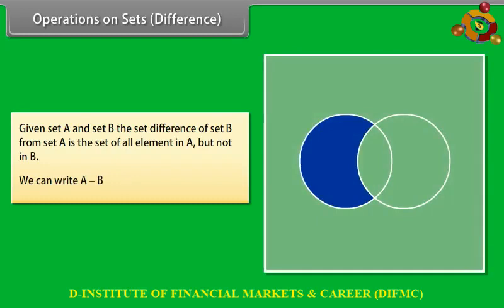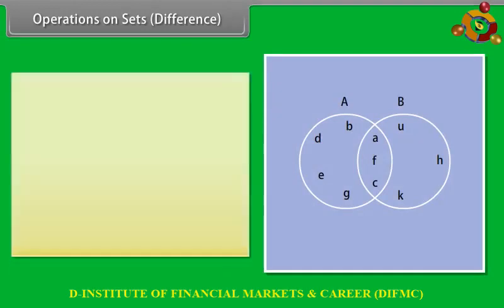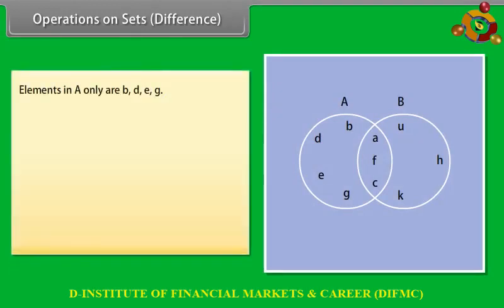This shows us the difference of the two sets S1 and S2. Take a close look at this figure. Elements in A only are B, D, E, G. Therefore, A minus B is equal to {B, D, E, G}.